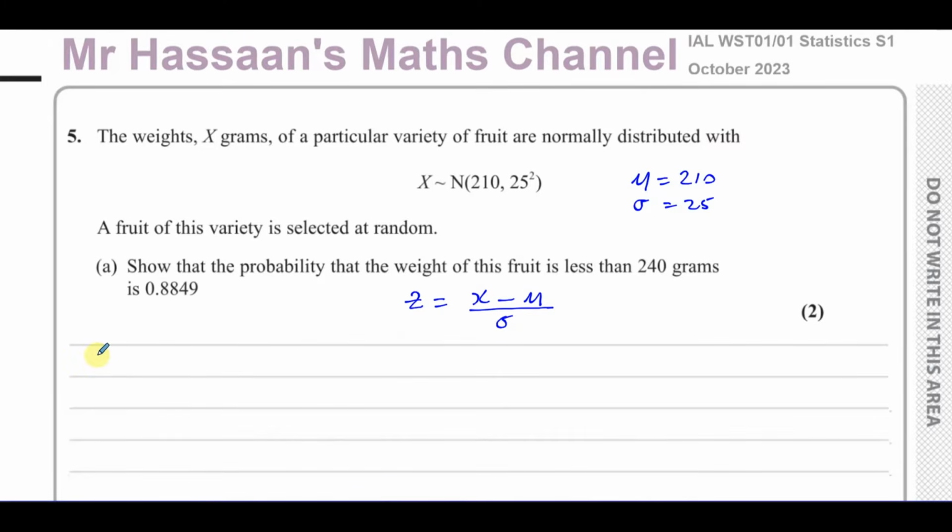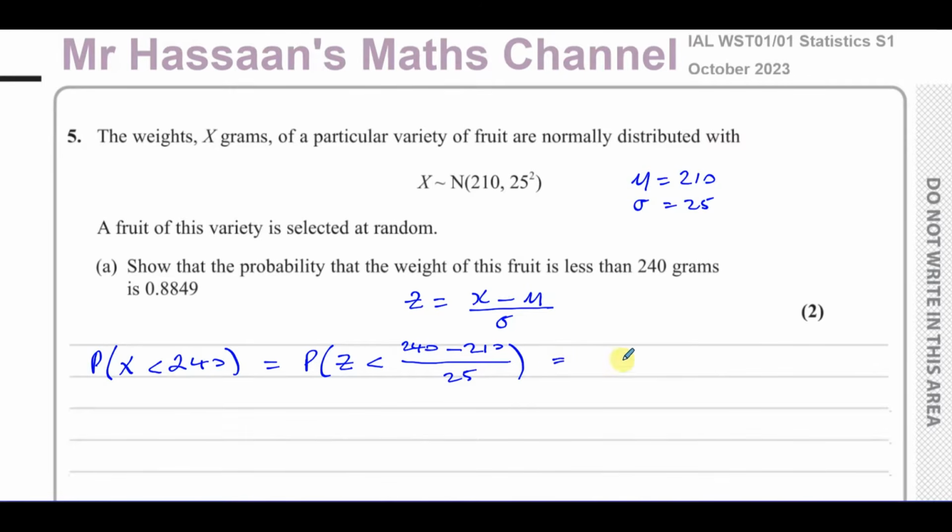All right, so if you want to find the probability that X is less than 240, that will be the same as the probability that Z is less than, and we standardize the score: we take the score 240, take away the mean, which is 210, and divide by the standard deviation, which is 25.